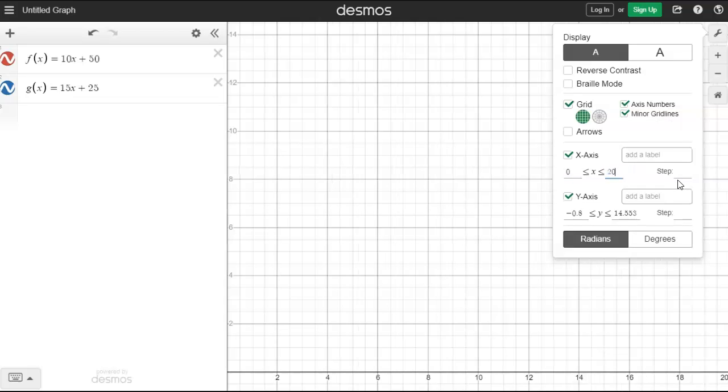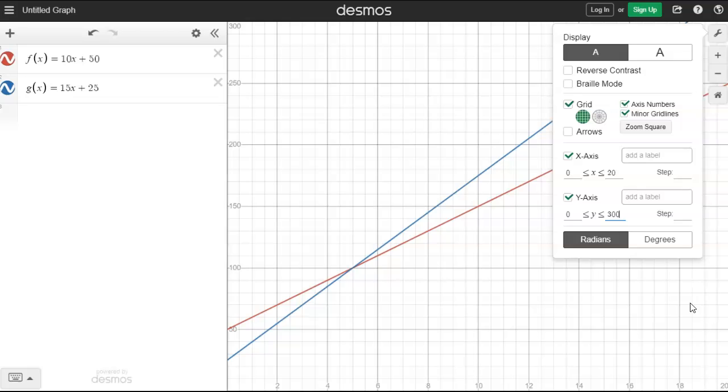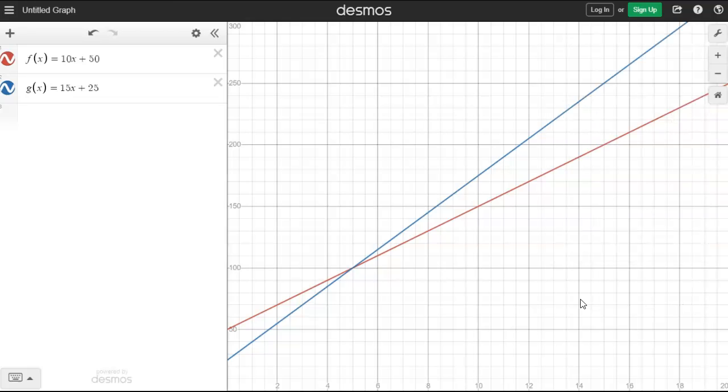That would be a lot on a shed, 20 windows, but maybe that's the maximum we want to look at. And the cost, the minimum cost we think would be 0. We pay $0. And then maybe up to like $300. Is that a reasonable amount to pay for window cleaning? So if we adjust our axes like that, now we can see the graph a lot better.